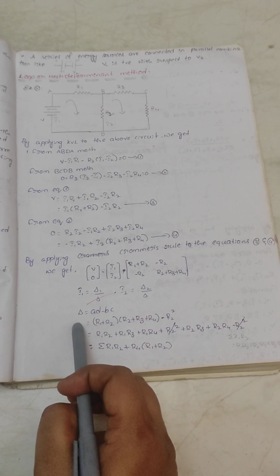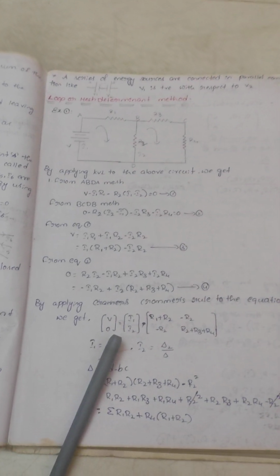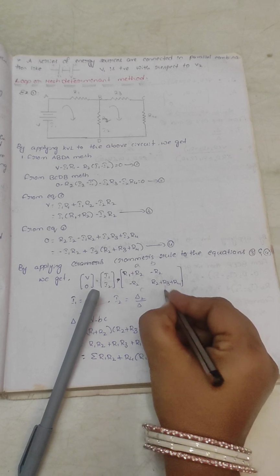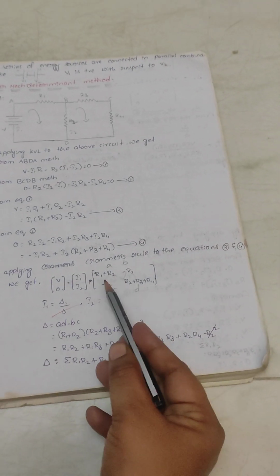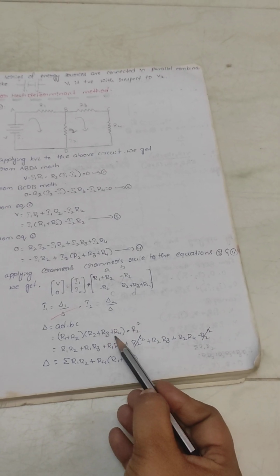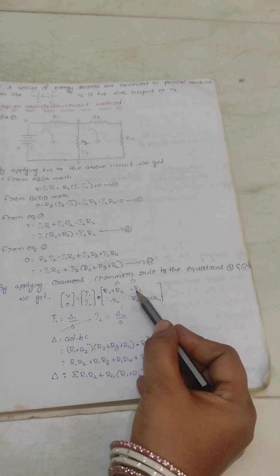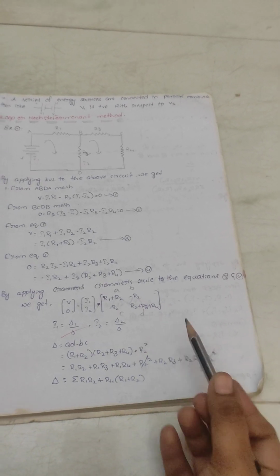We know that delta is equal to AD minus BC. AD means (R1 plus R2) into (R2 plus R3 plus R4), minus BC, which is minus R2 into minus R2, so minus R2 square.